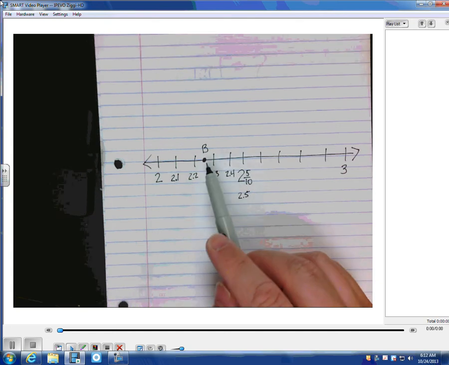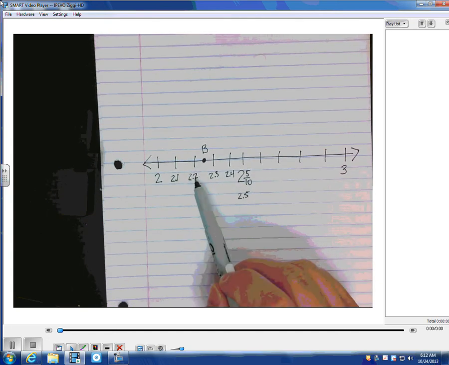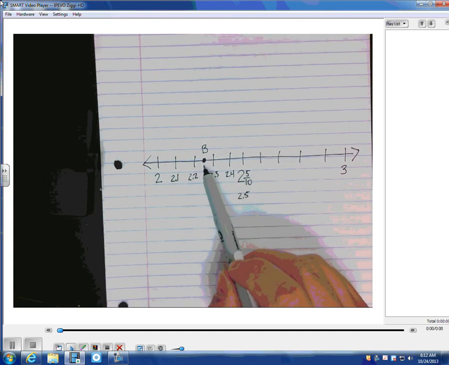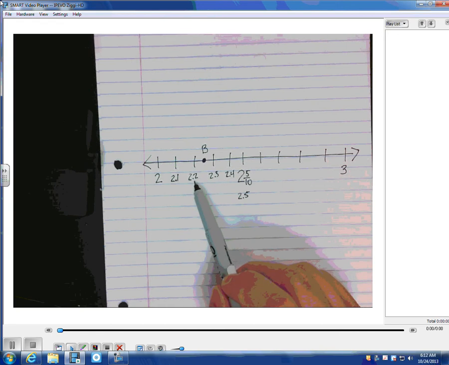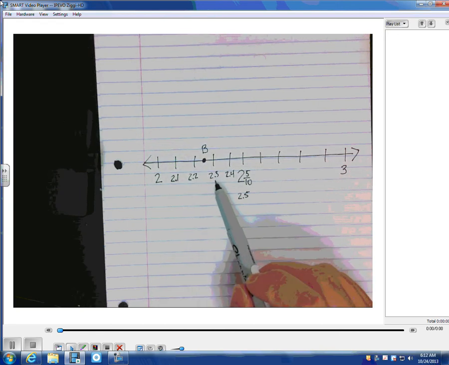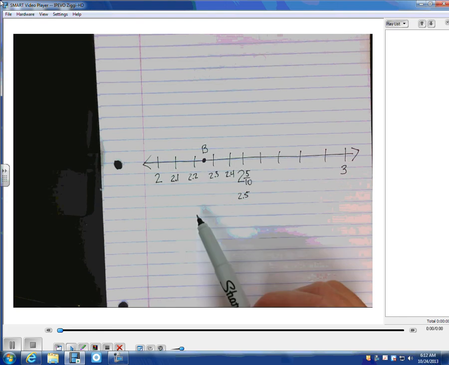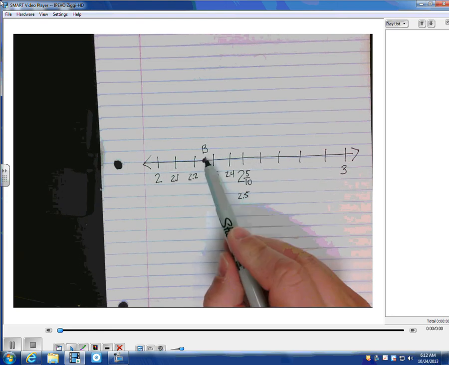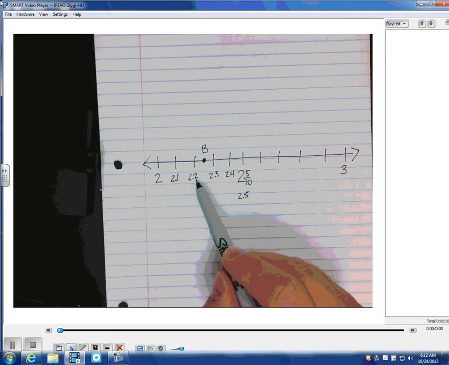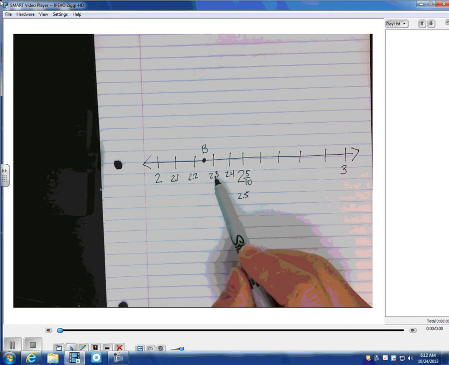We're right in between, right in the middle, halfway between 2 and 2/10 and 2 and 3/10. That's what the point represents. Okay, so again, halfway in between. So what's halfway between 2 and 3?